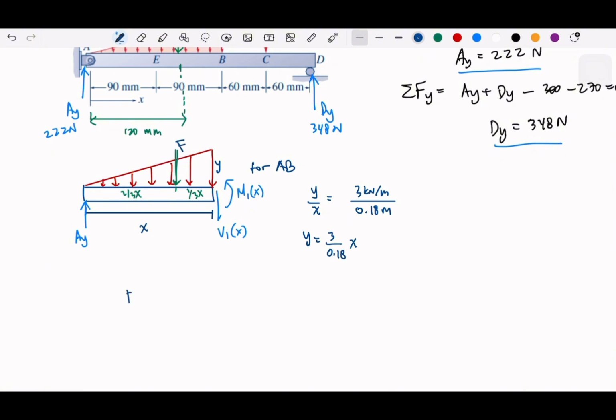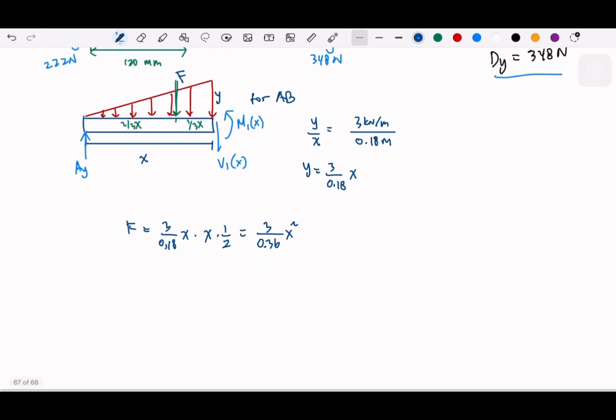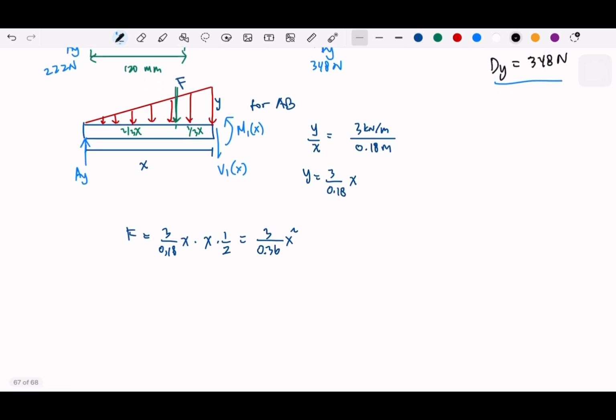Okay, that's for y. So the concentrated force, let's say F. F is 3/0.18 x multiplied by x, multiplied by 1/2. So this will be 3/0.36 x squared. So that will be the F, the concentrated load. Okay, what else? Yeah, I think we can make the equilibrium.